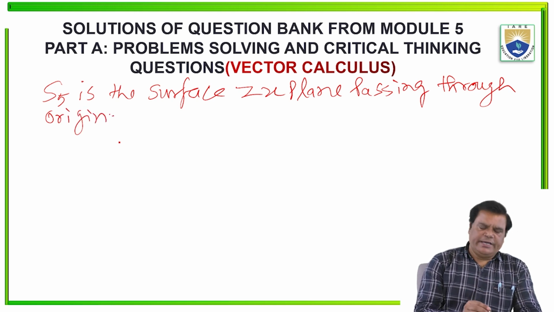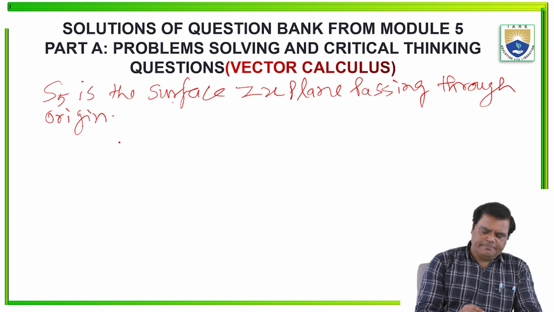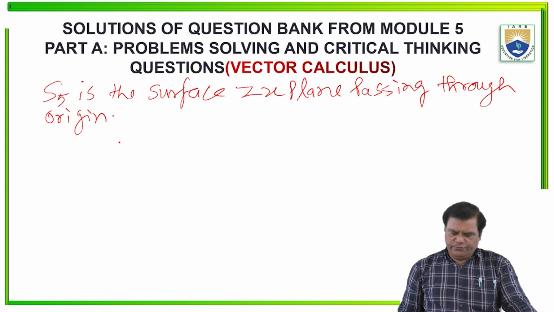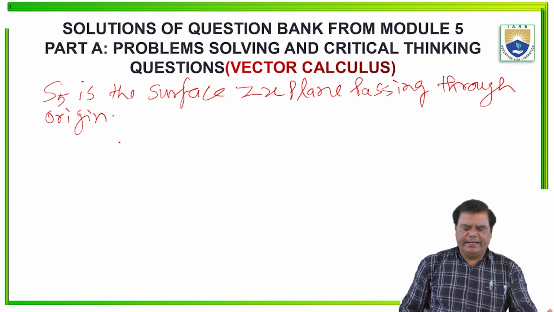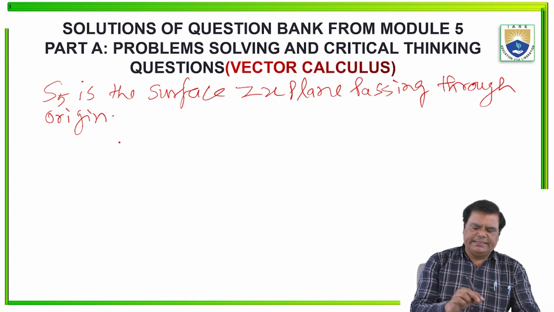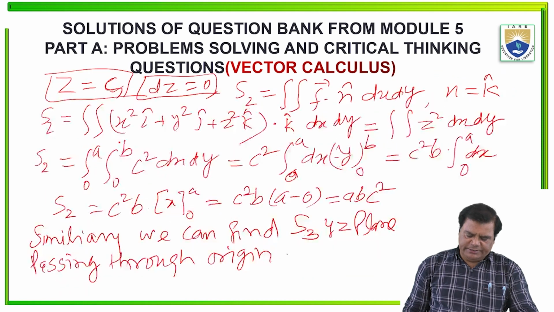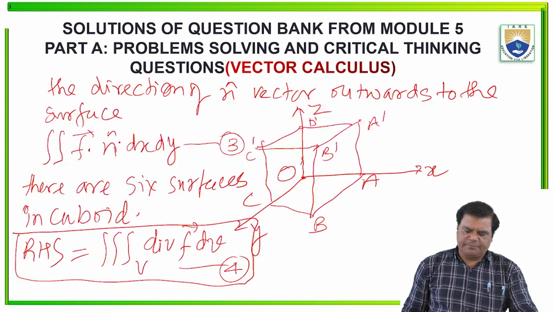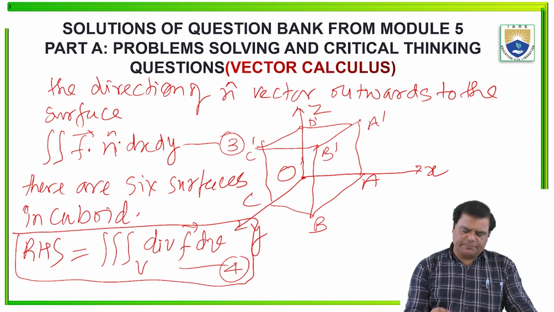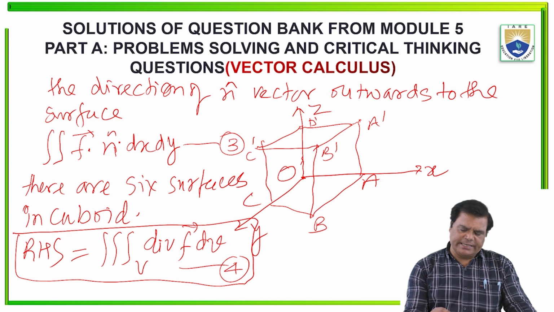So S5 here is ZX. Which is the ZX? Z and X. This plane is the ZX plane. ZX plane is this, this Z and this X.